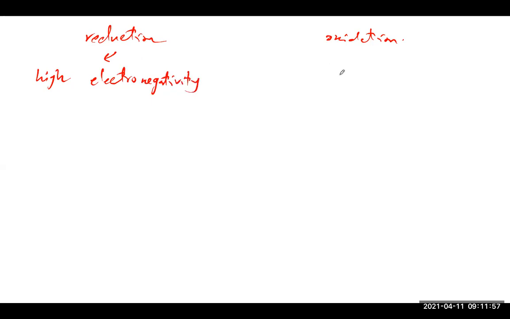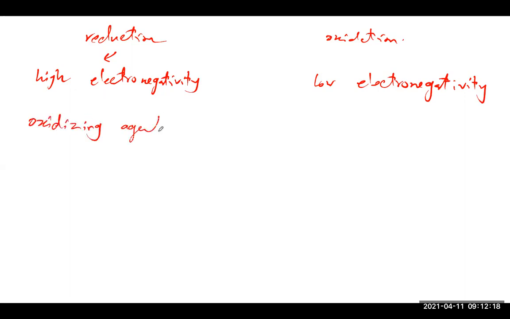And the substance most likely to be oxidized is the substance with low electronegativity. The substance that is reduced is called the oxidizing agent, and the substance that is oxidized is called the reducing agent.